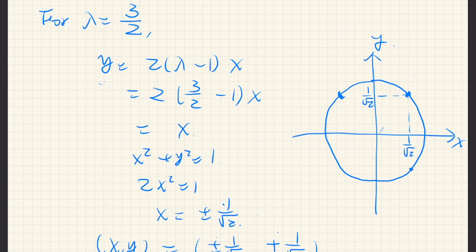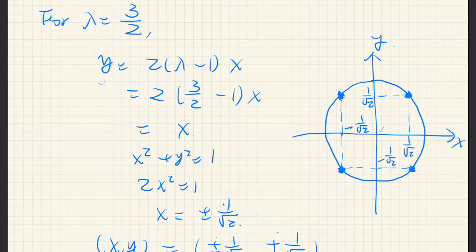And also negative, so that is negative this and negative 1 over square root of 2. So these 4 points are the extreme value points. Okay, we still don't know whether they are local maximum or local minimum.